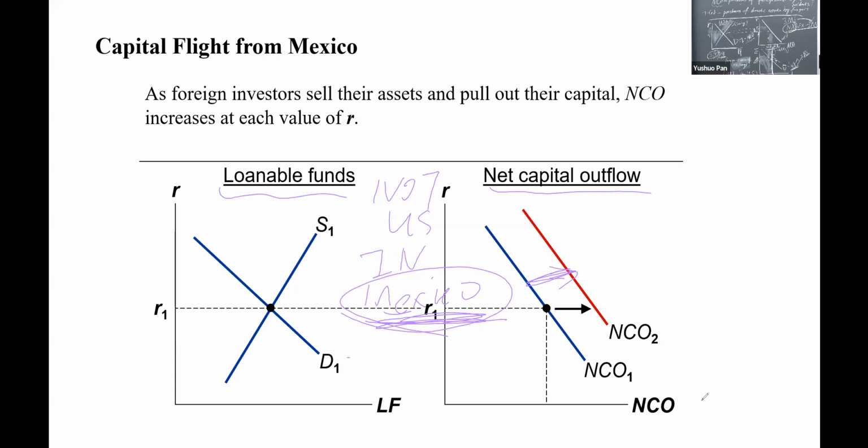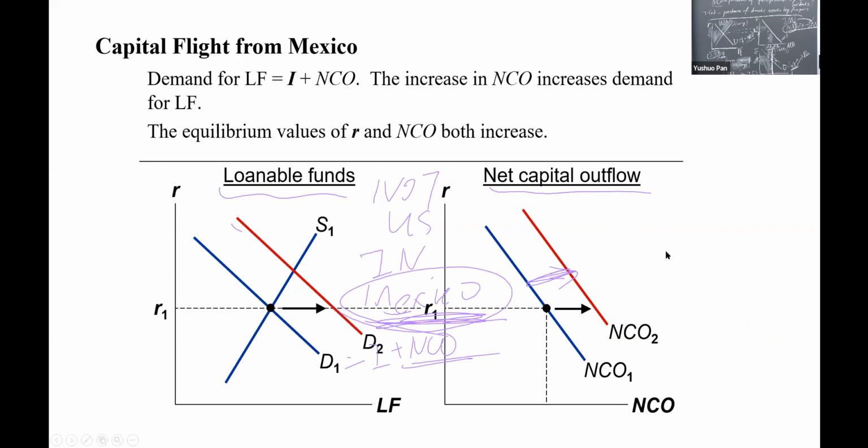And remember, the demand curve equals I plus NCO. If NCO goes up, then the demand curve will also shift to the right-hand side. Demand for loanable funds equals I plus NCO. If I increase the NCO, I increase the demand for loanable funds.